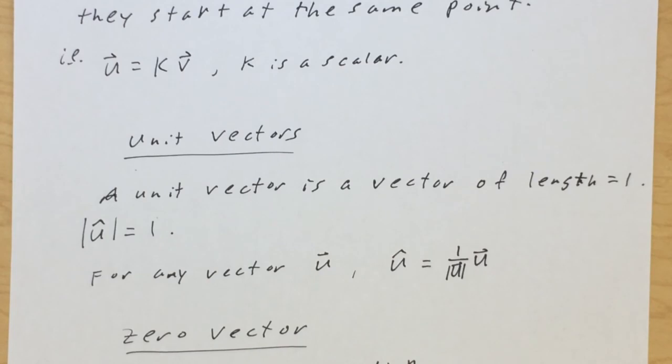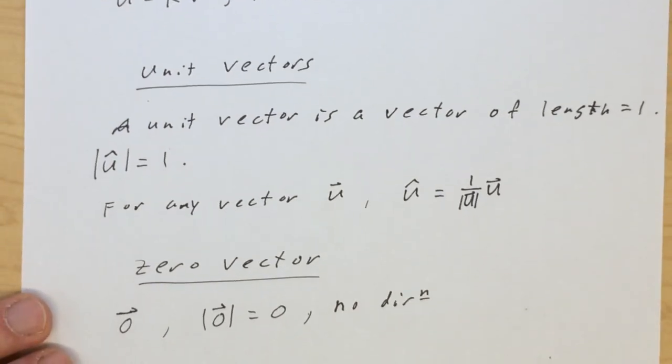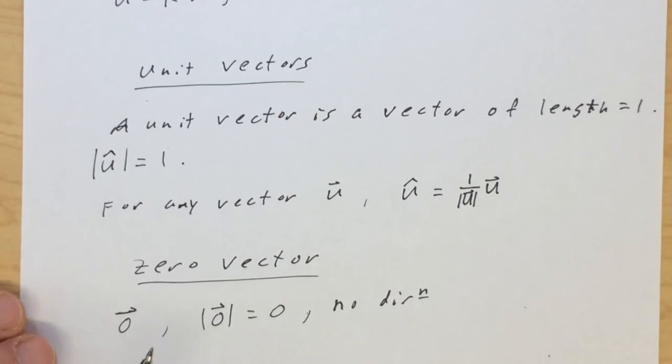If you subtract a 0 vector from a vector, you want to have the original vector. So we've defined it as this. So 0 with an arrow over top of it is a 0 vector. Its magnitude is 0, and it has no direction. If it has no length, it has no direction.